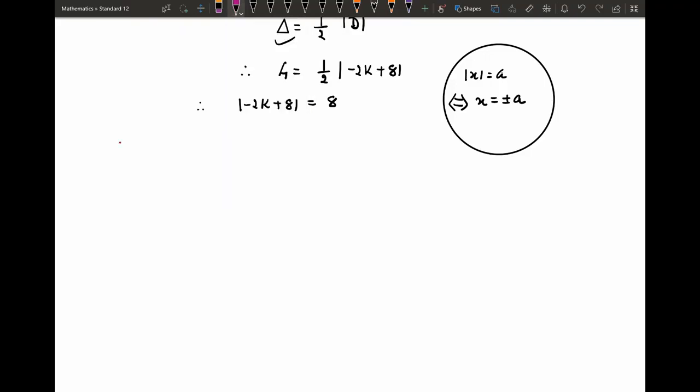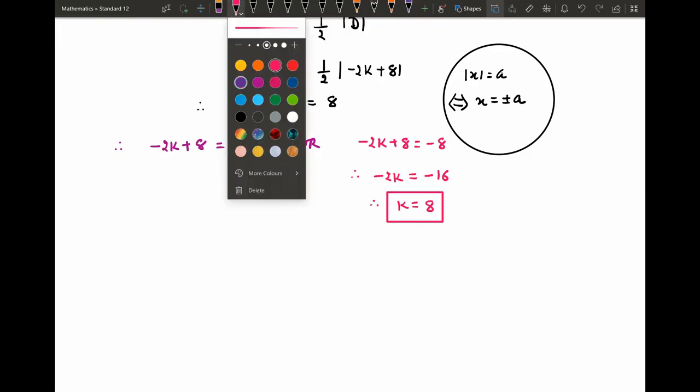Therefore from this we get two equations: minus 2k plus 8 equal to 8, or minus 2k plus 8 equal to minus 8. If we solve this one, minus 2k equal to minus 16, minus minus plus, so k equal to 8. So in this case the value of k equal to 8.